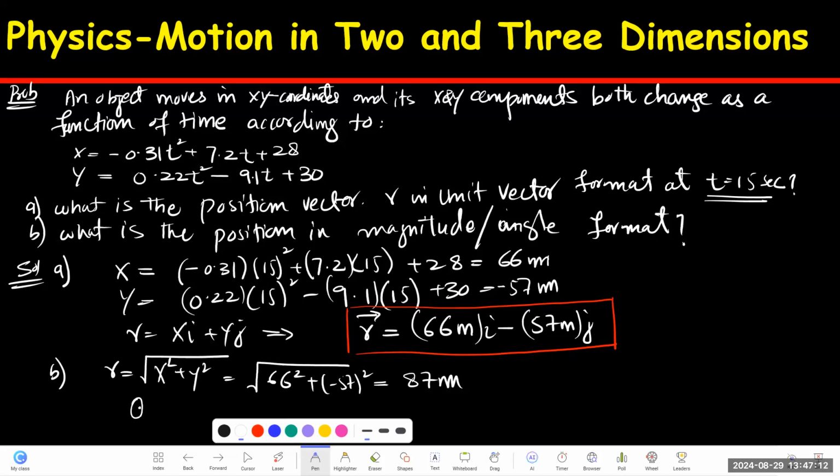Now we know theta equals tan inverse of y over x, and I'm going to substitute the values: tan inverse of minus 57 over 66. So really this is the part B answer.